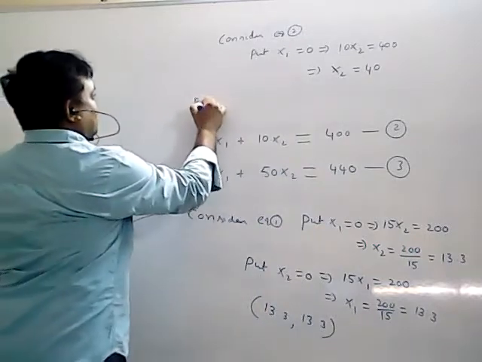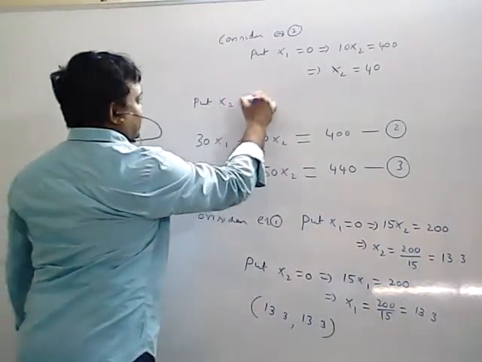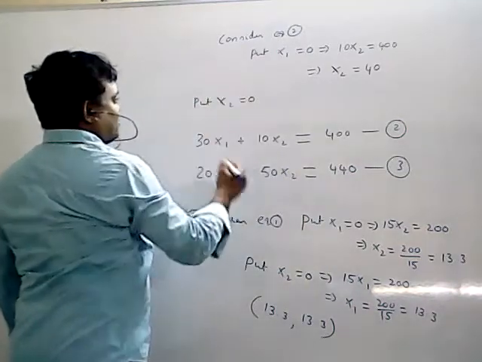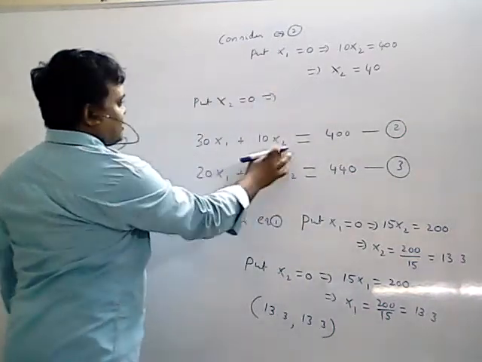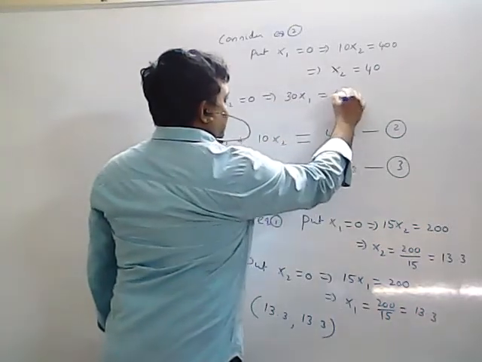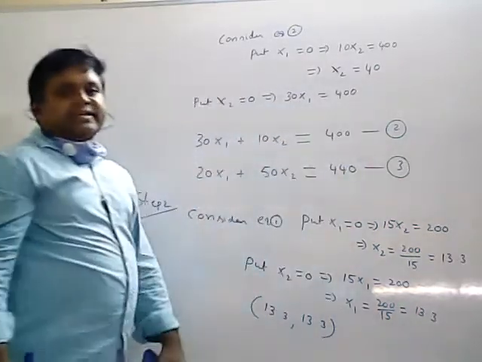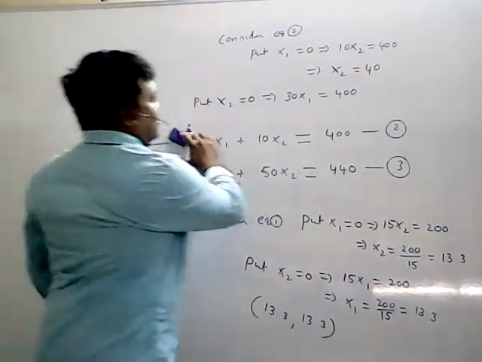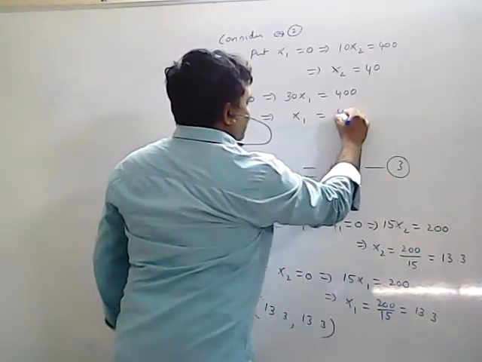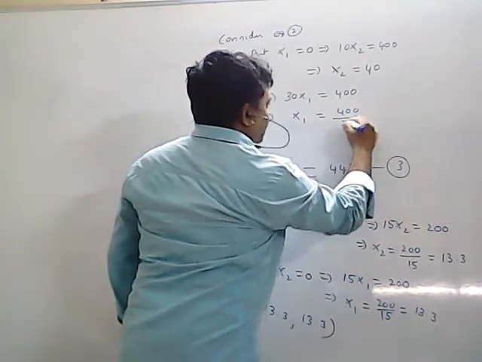Same equation, what do you have to do now? Put x2 equal to 0. That means 30x1 is equal to 400. From this equation you can calculate x1. So x1 equal to 400 divided by 30.